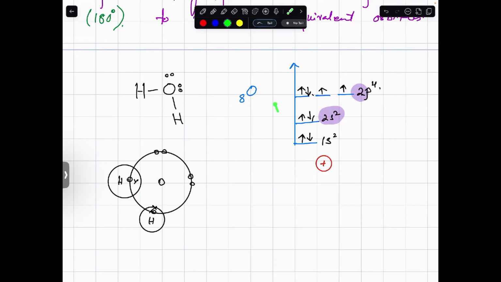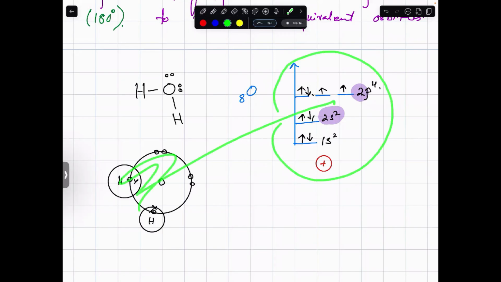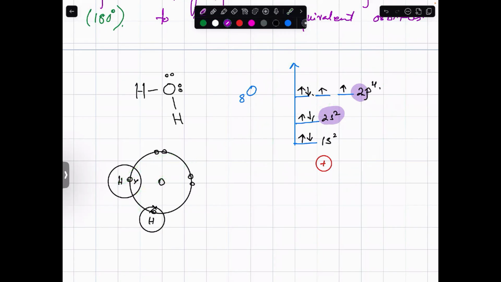Actually, when this oxygen does bonding, it will mix the s and the 3p together. So it's mixing of the s and the 3p. After mixing, four equivalent orbitals are formed. Why? How many orbitals are mixed? One orbital, two orbital, three orbital, four orbital. They mix.